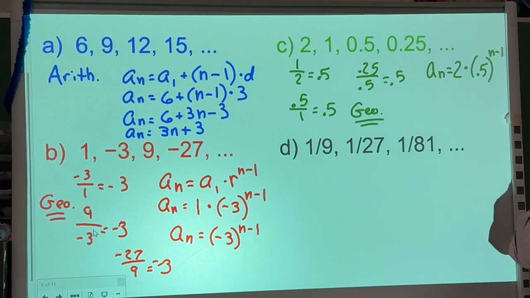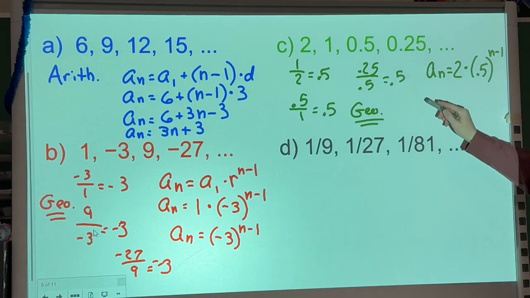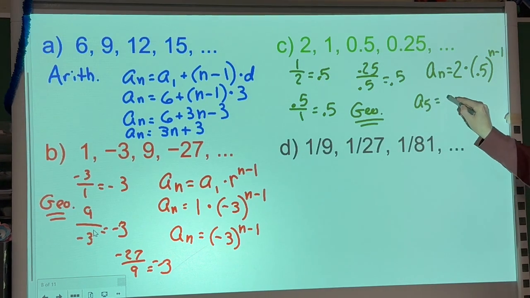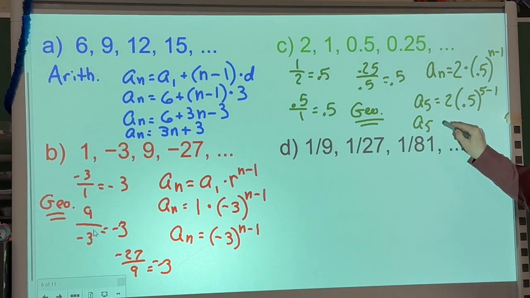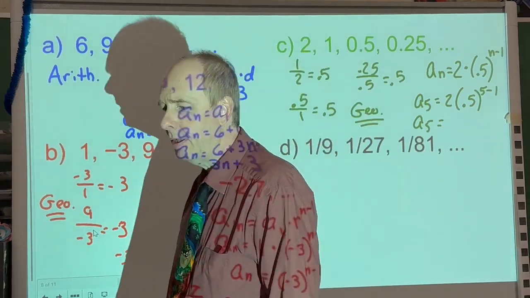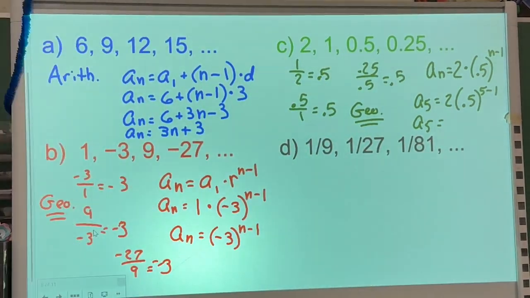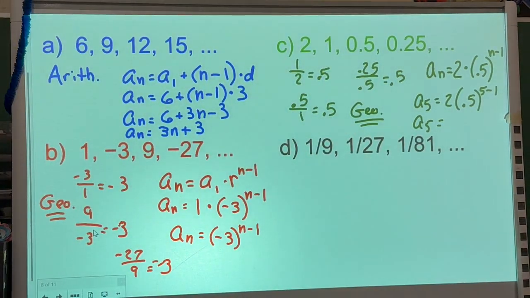And if it does, you know you're correct. To find the fifth term, plug in 5 for n, put it in your calculator, and you're in business. 2 parentheses 0.5 exponent 5 minus 1 is 4.